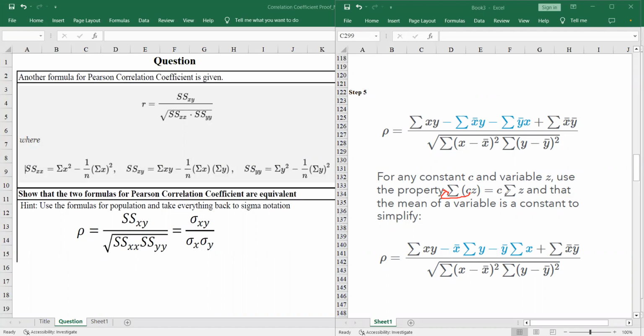It's just going to multiply the entire summation by that constant. Here, x bar and y bar are constants. The mean of any variable is a constant. So we take x bar out of this summation and y bar out of this summation.